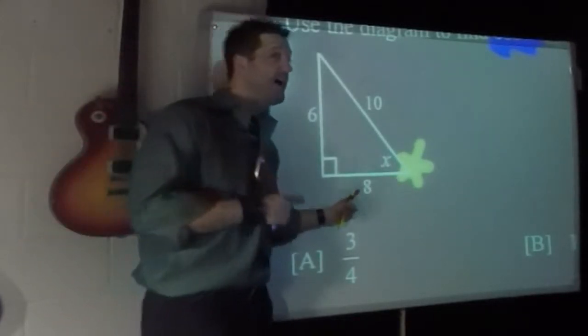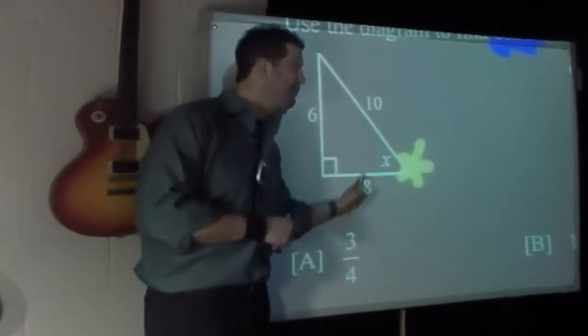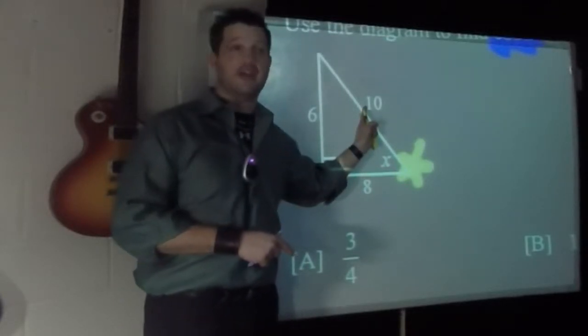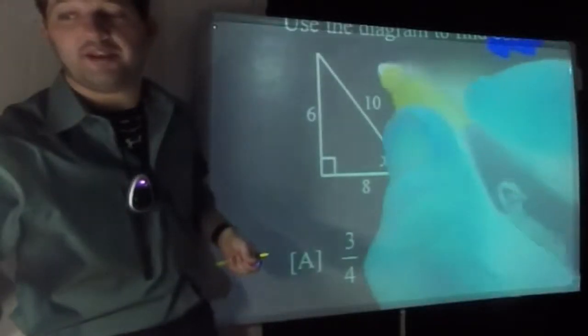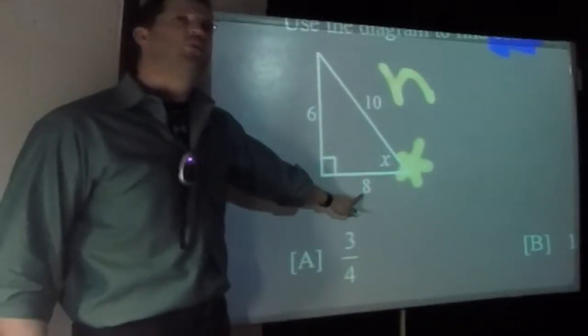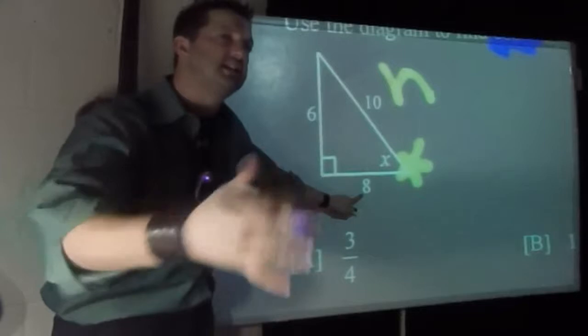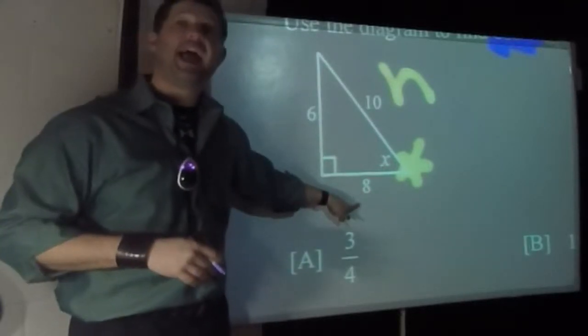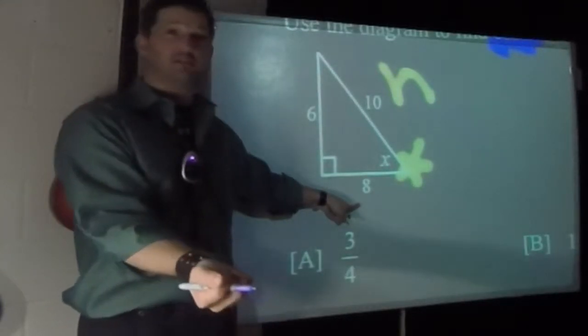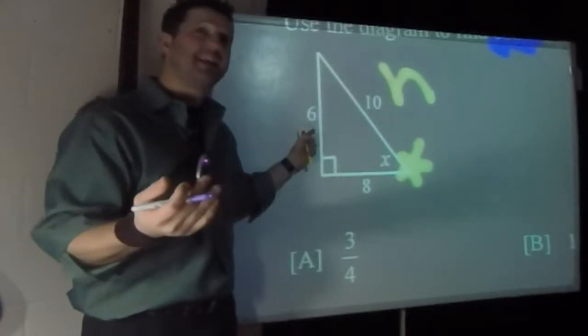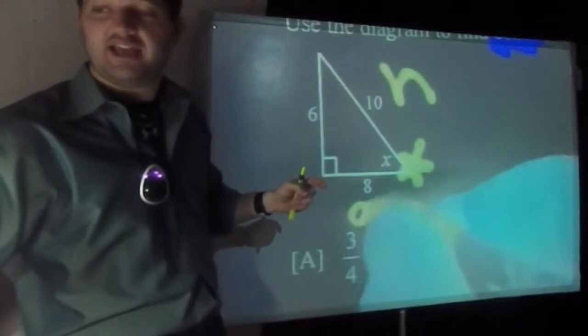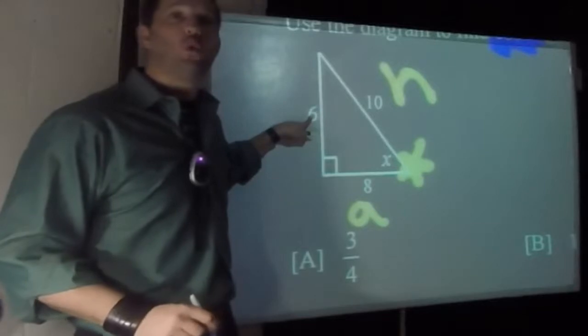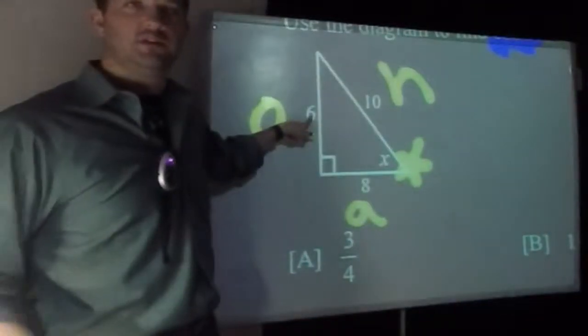First off, is it the hypotenuse? No. The hypotenuse is Big Daddy C up here. That does not change. So which one would be adjacent, this 8 or that 6? 8. Adjacent means next to. That 6 is not next to. So this is your A, and this is your O for opposite.